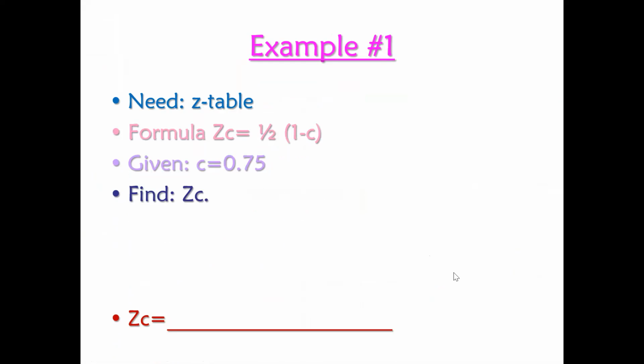So ZC is equal to 1/2 times (1 minus 0.75). Another way of writing 1/2 is 0.5. So 1 minus 0.75 is 0.25, and if I multiply this together, you should have 0.125.